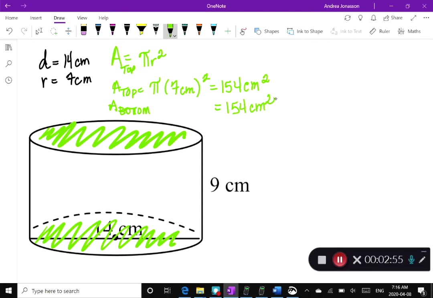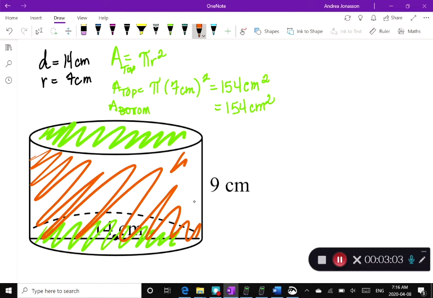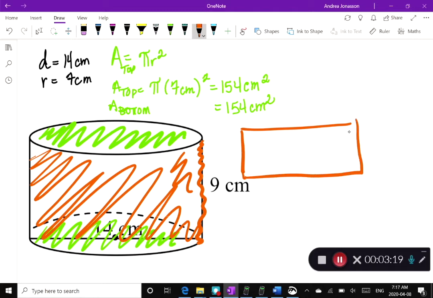Now, let's find the area of the whole side thing. And I find it helps if you think about this as if it was a can with a label on it. And if you were to just cut the label and flatten it out, you would get a long, thin rectangle where this is going to be the height of the cylinder, which was 9 centimeters.